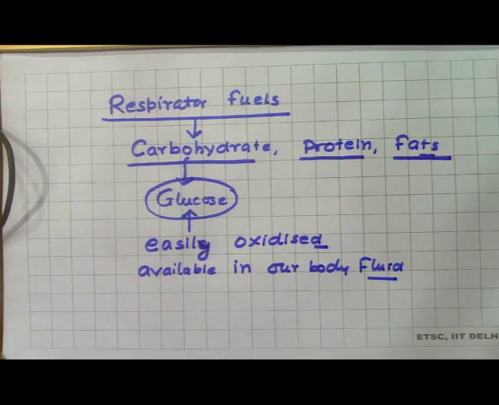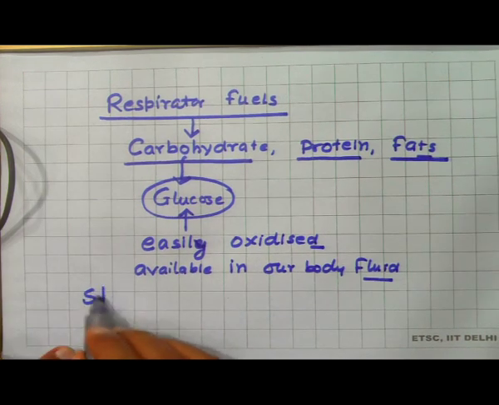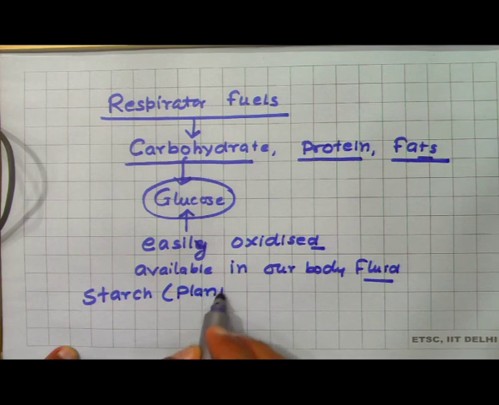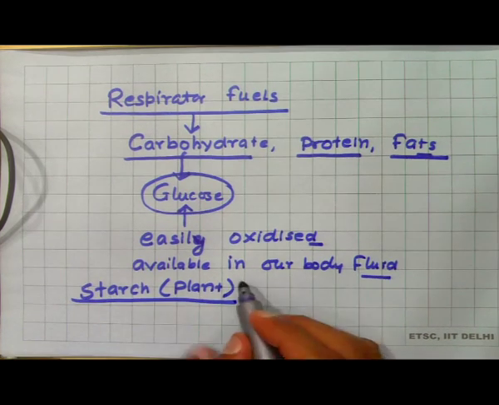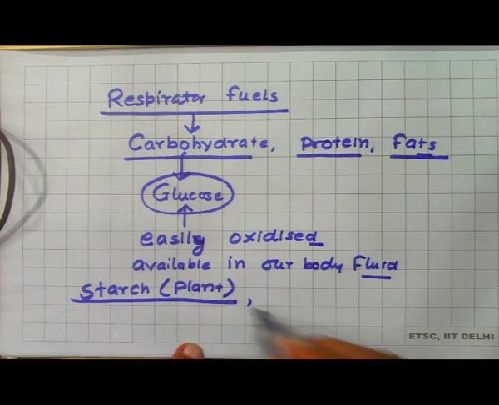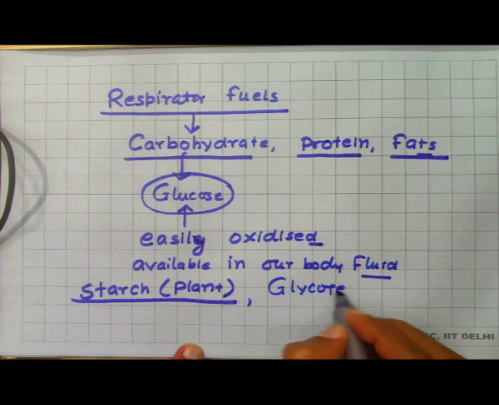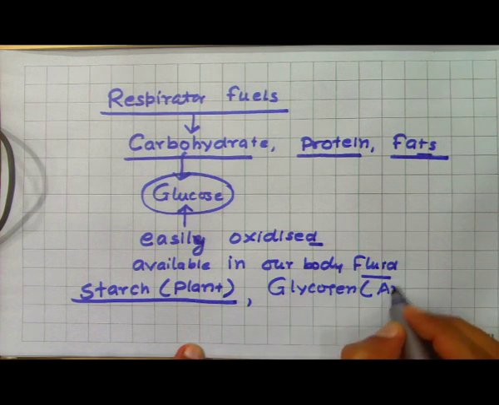Other carbohydrates like starch in plants, because we know that starch is stored as carbohydrate in plants, or glycogen in animals, is stored in animals.